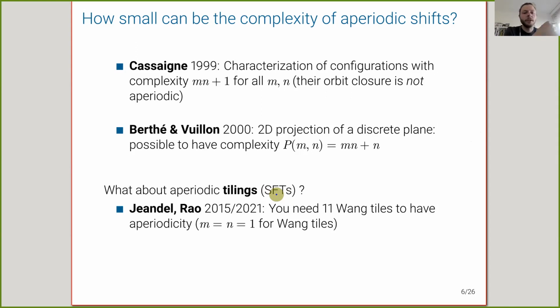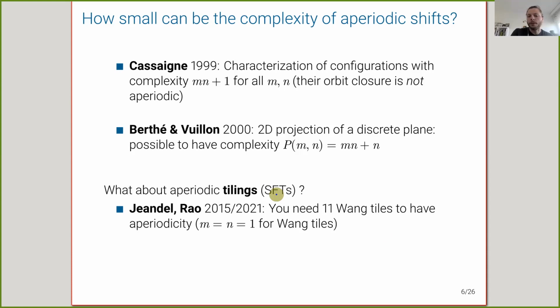And in this direction, I like to understand a very nice result of Emmanuel Jeandel and Michaël Rao as a kind of starting point for studying the complexity, because they prove that you can build an aperiodic SFT with Wang tiles, with only 11 Wang tiles, but also that this is optimal.